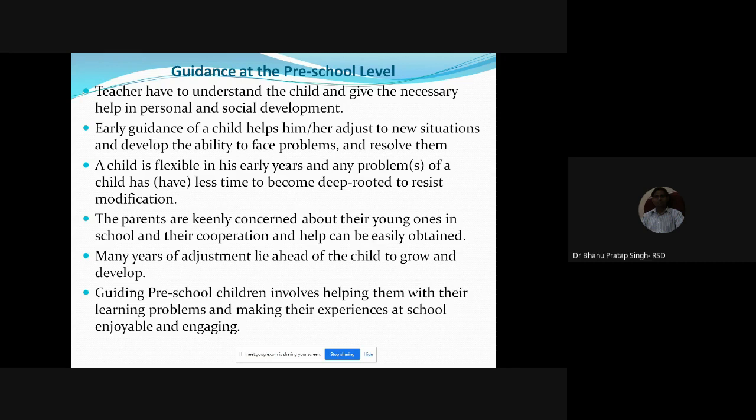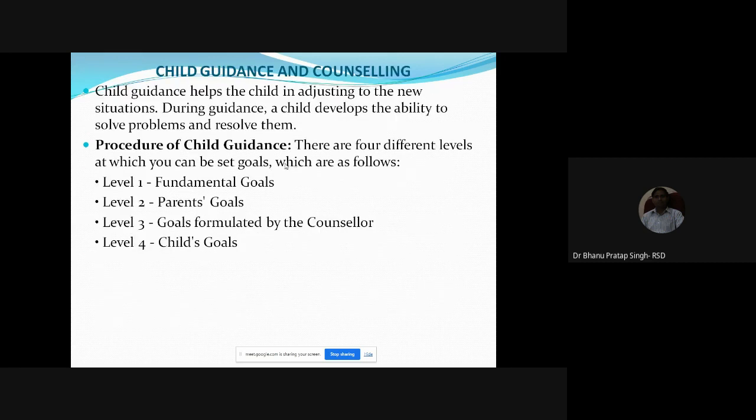Guidance in preschools involves helping them not only in learning problems but in various kinds of experiences, even to create enjoyable learning and engage the child in the learning process.